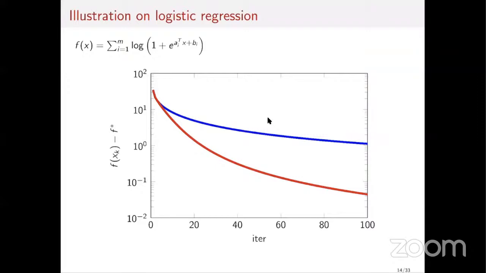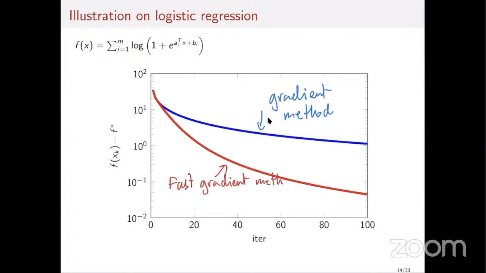So this is the gradient method, and this is the fast gradient method of Nesterov. We see that there is really a significant improvement compared to the gradient method.